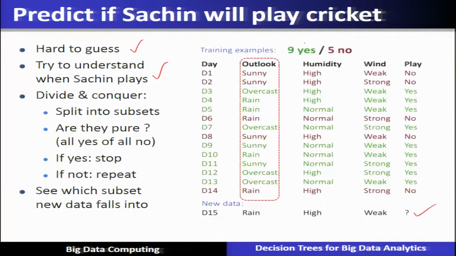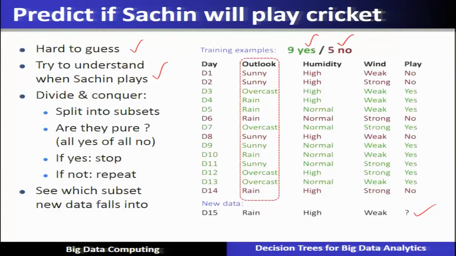There are 14 different samples: 9 conditions when Sachin has played, which are required as the training to understand when he has played, and 5 different conditions when he has not played in those weather conditions.